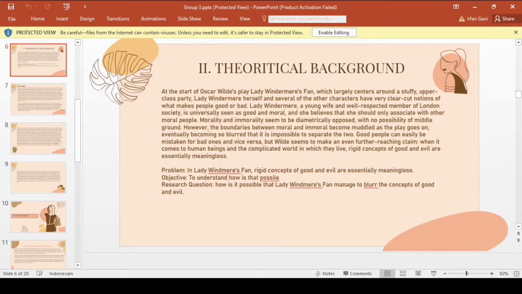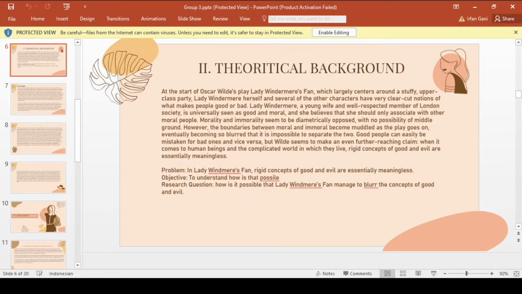Lady Windermere, a young wife and well-respected member of London society, is universally seen as good and moral, and she believes that she should only associate with other moral people. Morality and immorality seem to be diametrically opposed, with no possible middle ground. However, the boundaries between moral and immoral become muddled as the play goes on, eventually becoming so blurred that it is impossible to separate the two.